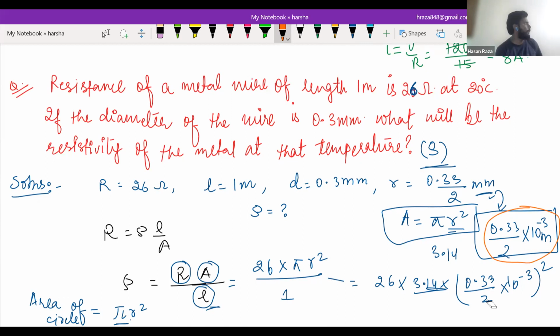Then another question, then we will move to the next topic, which is resistance of a system of resistors.